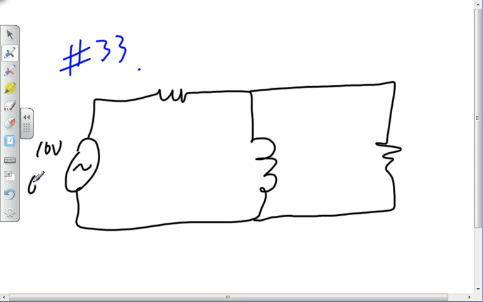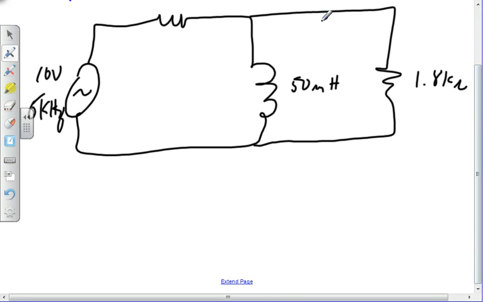6 kilohertz. All right, I got that. 330. Got that guy. 1.8K. The inductor, 50 millihenry. So, what do we need first?